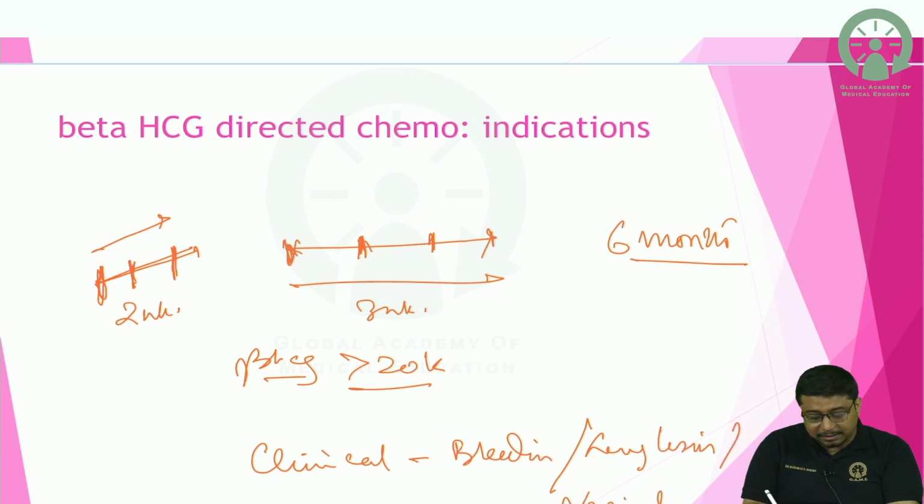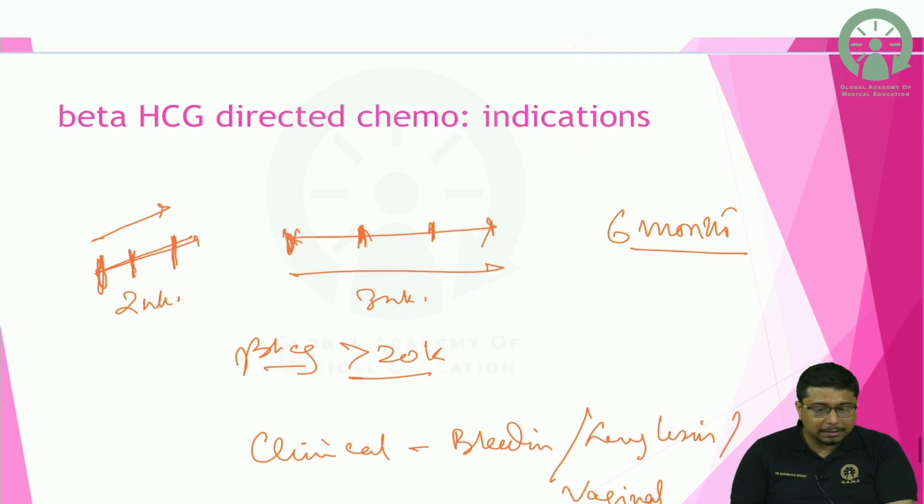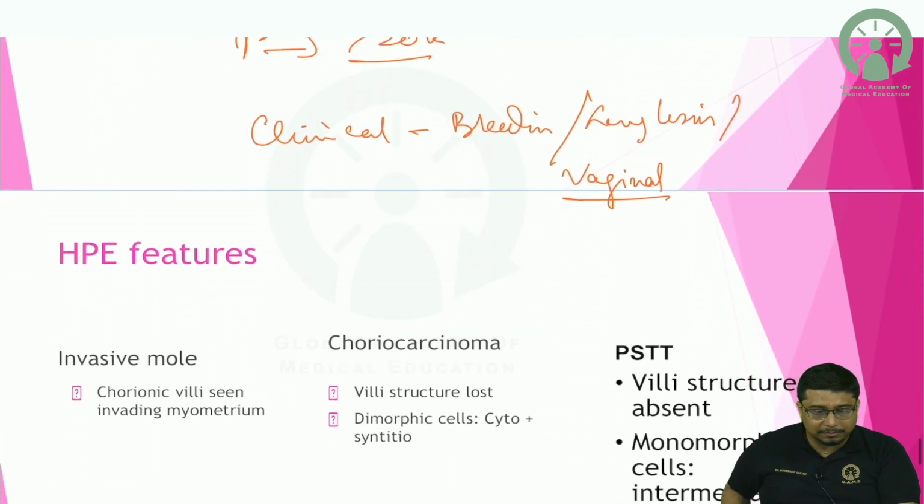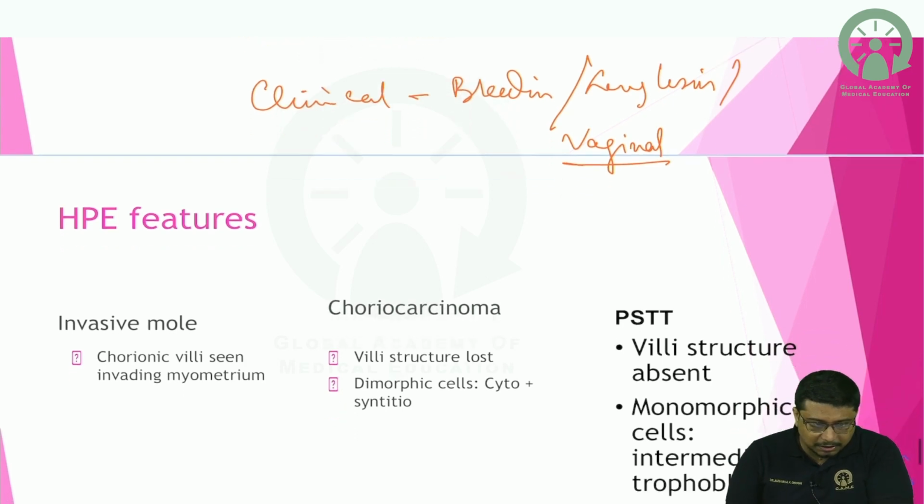Remember, if there is a vaginal lesion in a mole follow-up, you need not do a biopsy of that, but start chemotherapy, because it's a highly vascular and highly chemosensitive lesion, so biopsy is not indicated.